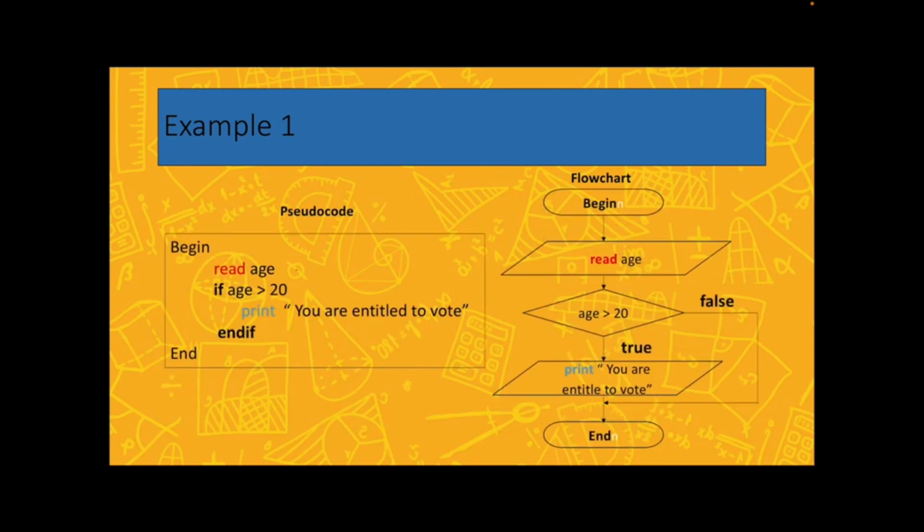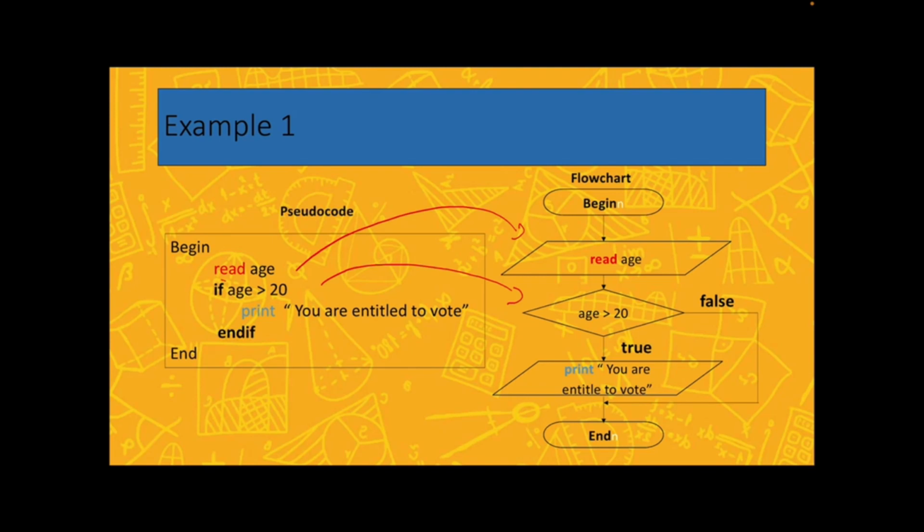And if we convert it into a flowchart, as you can see here, the input we put in the parallelogram shape, and the if statement and the condition we put in the diamond shape.